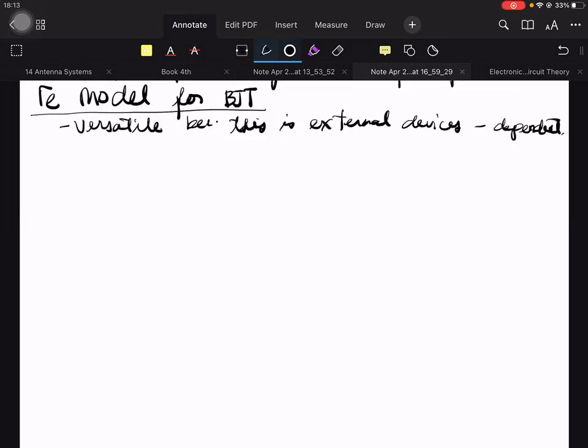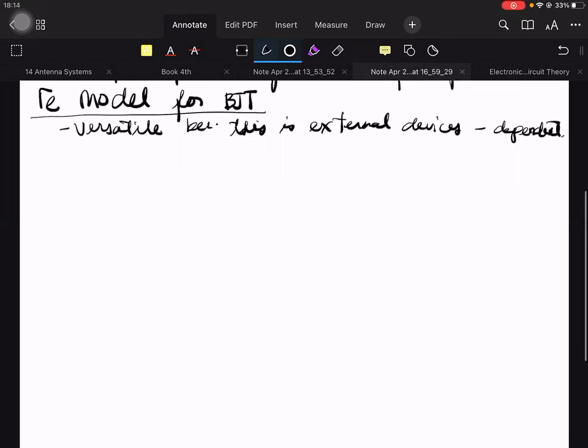So same for the RE model. The RE model, at least for the BJT, would be more versatile to changes of beta, compared to the others.